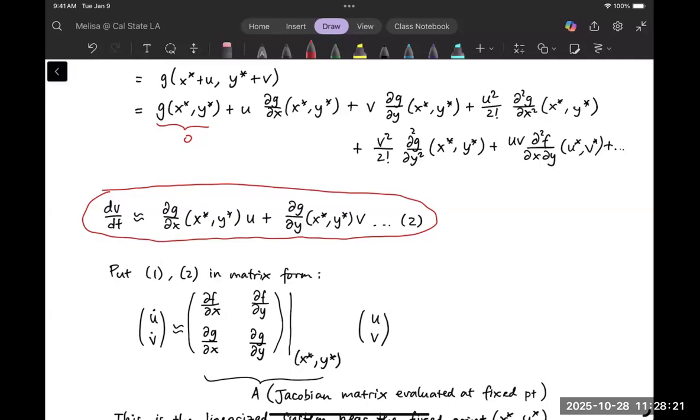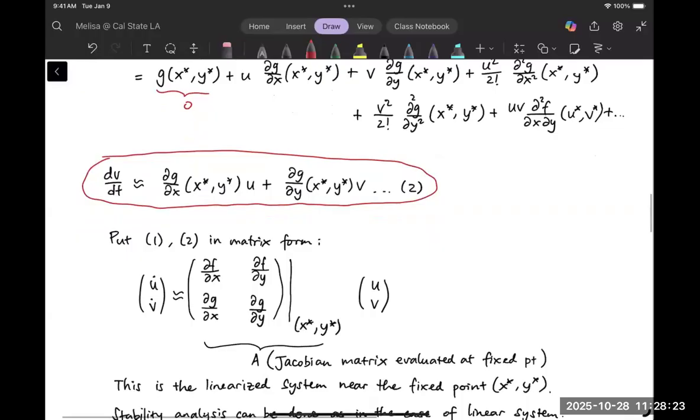You can put it in matrix form, and then you just have a linear system like this. This matrix, which I call matrix A, is really the Jacobian matrix evaluated at the fixed point x star and y star.